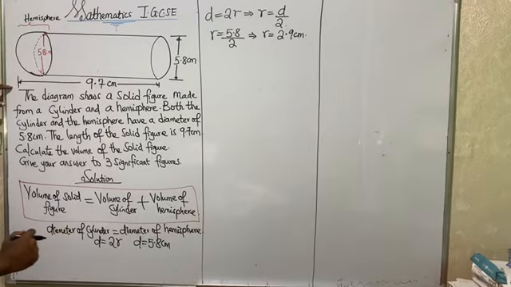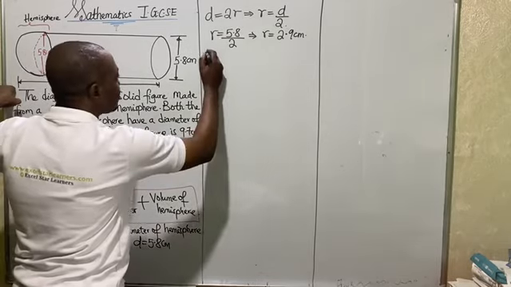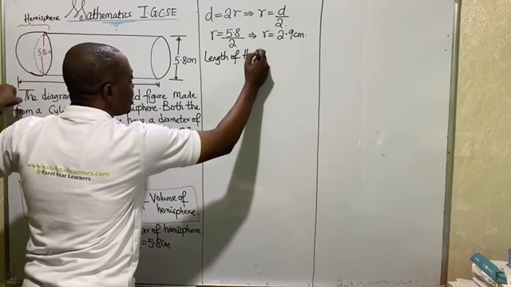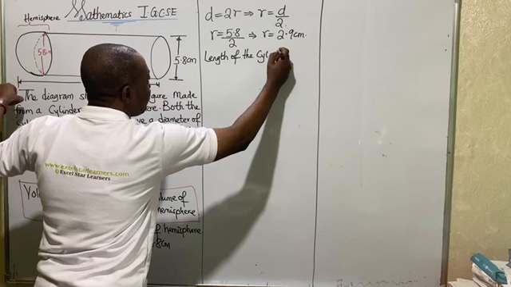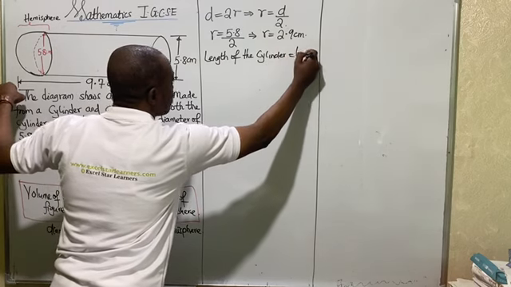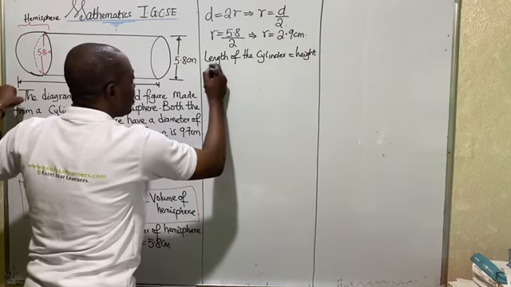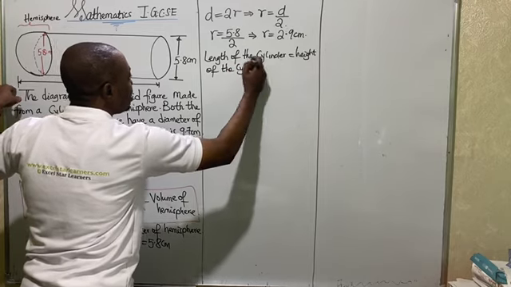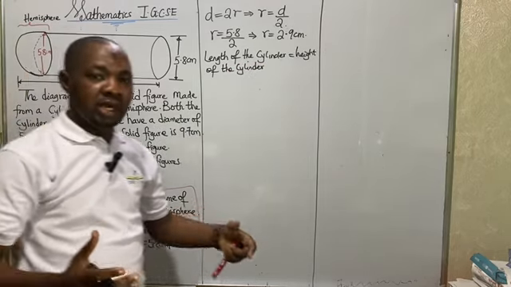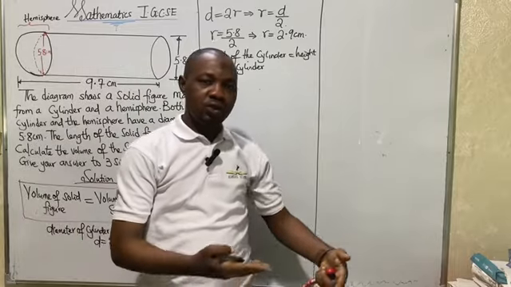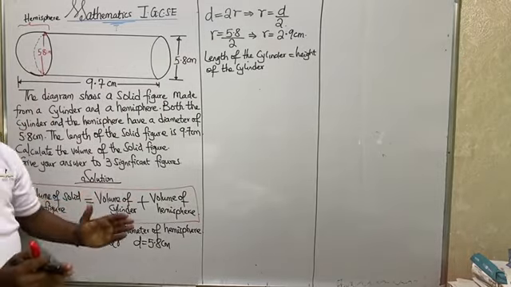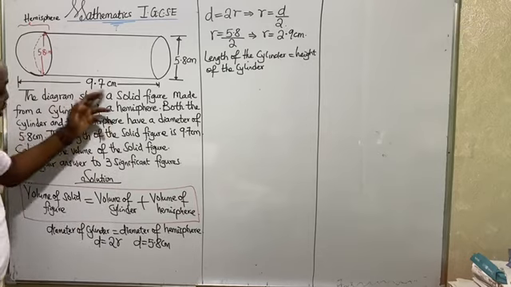To calculate the length of the cylinder: the length of the cylinder is the same as the height of the cylinder. Remember, when a cylinder is placed along its horizontal cross section, it will no longer be the height but the length.